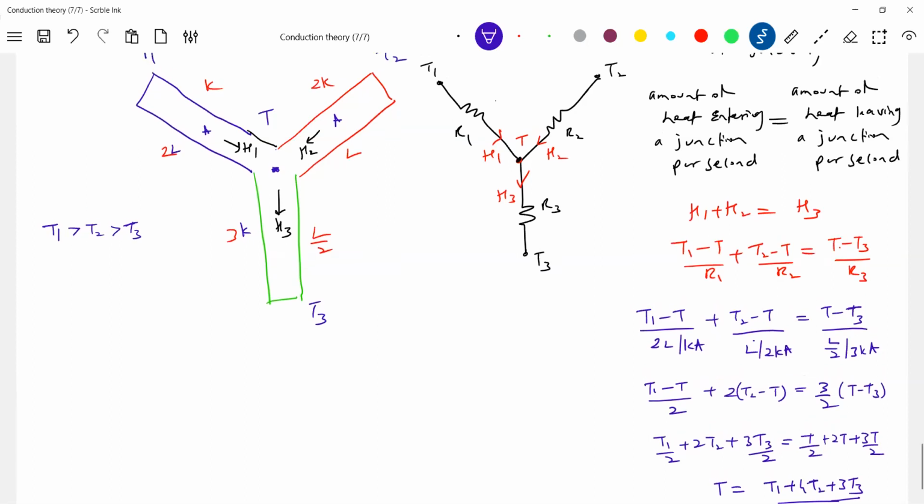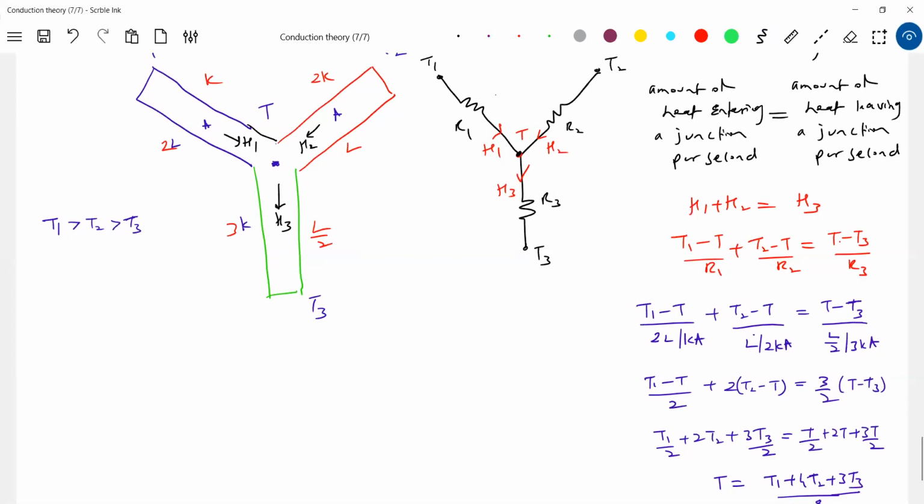Okay, now a few will get a doubt, sir. How do you decide that? Why can't you write H1 plus H3 as H2? You see, T1 is greater than T2, so why can't it be like this? H1 plus H3 equal to H2. I think you look at the temperature of these two are greater than this, so definitely we are just assuming the heat will flow here.